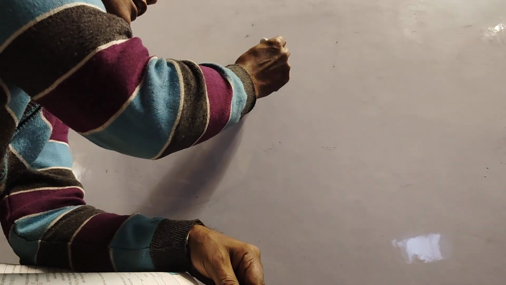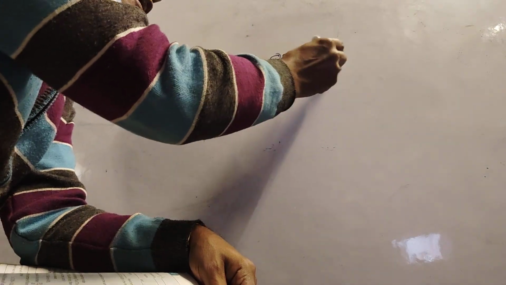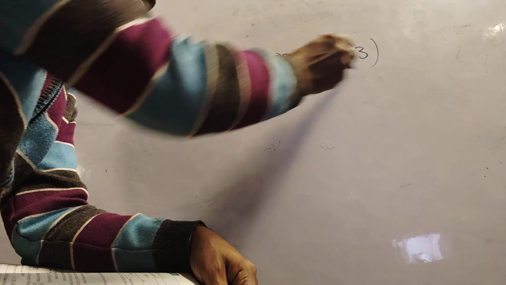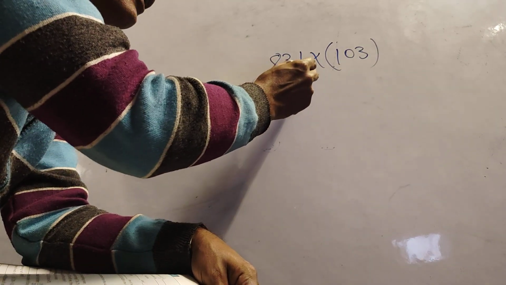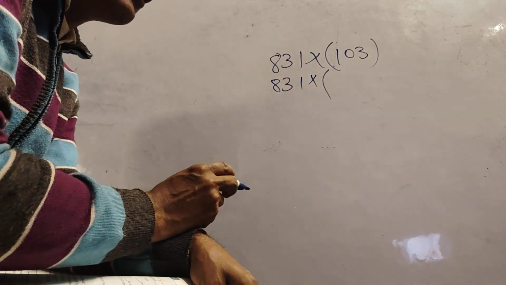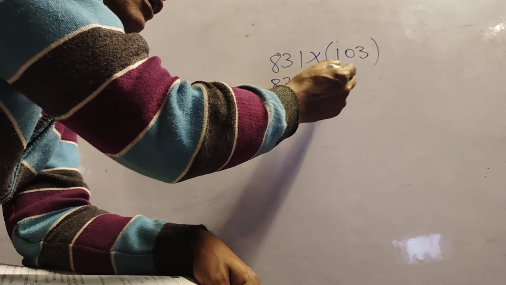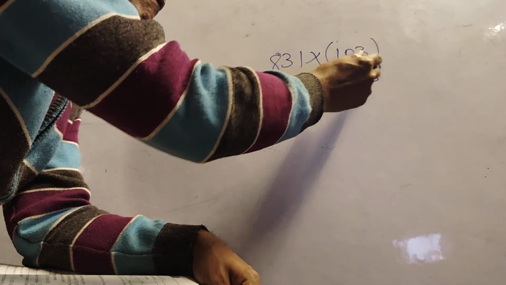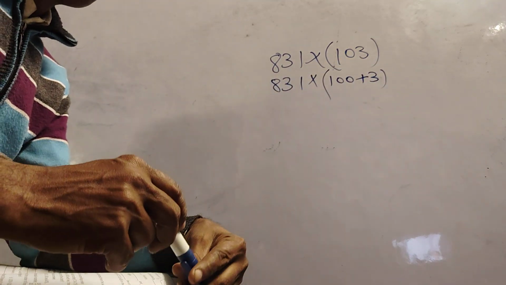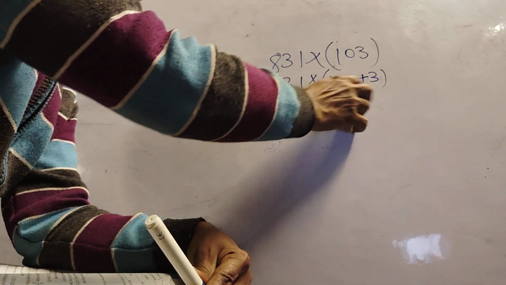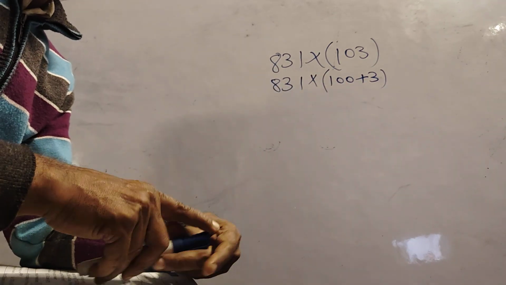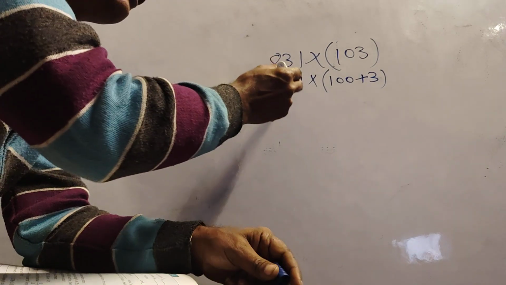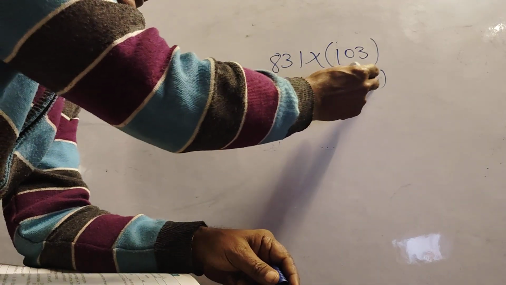Can you multiply 831 by 103? The method is the distributive property. In the distributive property we write 103 as 100 plus 3. Inside the bracket there are 2 terms, so we multiply the outer number with both terms individually.